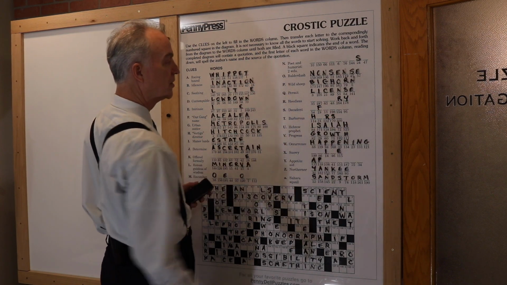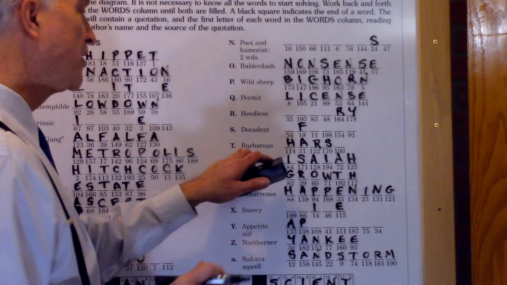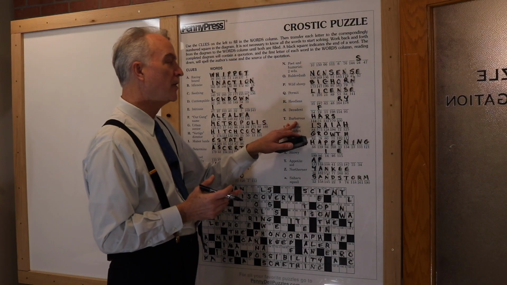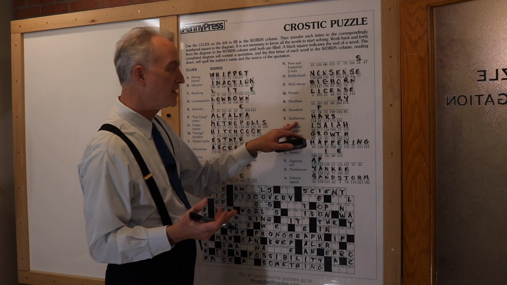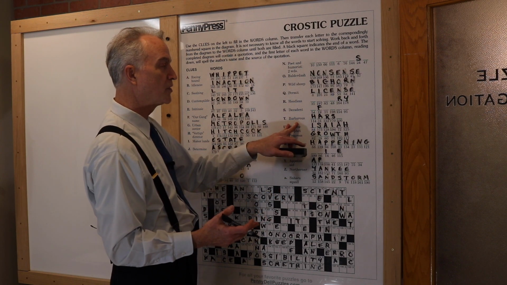We've got 3 letters. Harsh, obviously now. Again, words that maybe at the very beginning there are multiple possibilities, and once you get so many of the letters filled in, just like in a standard crossword, it becomes obvious.